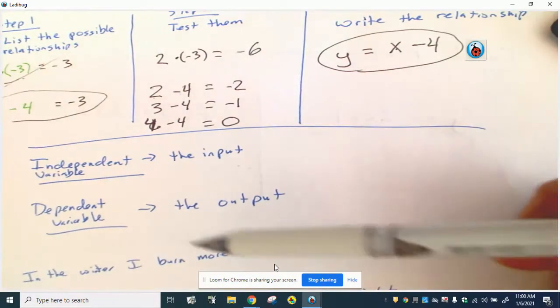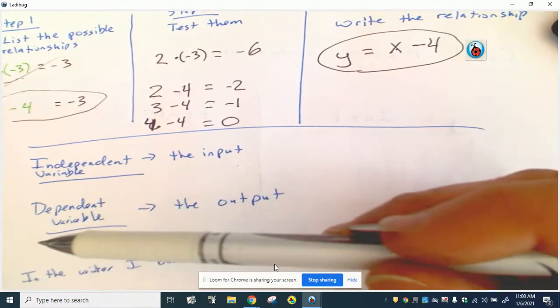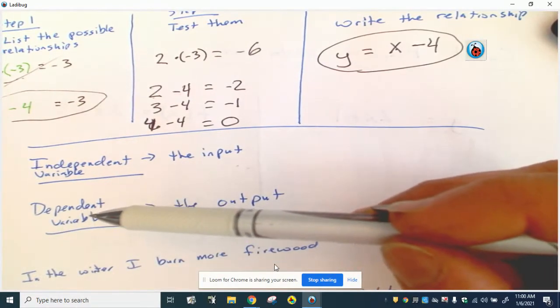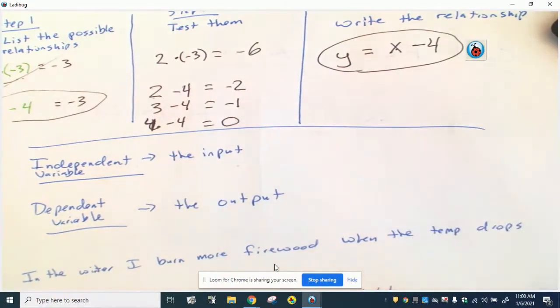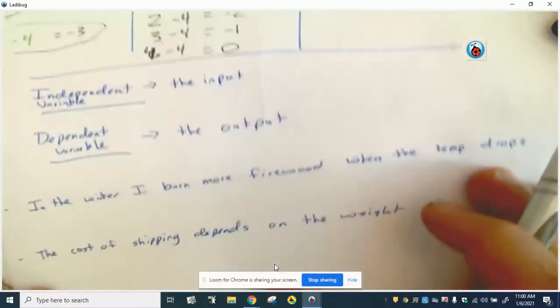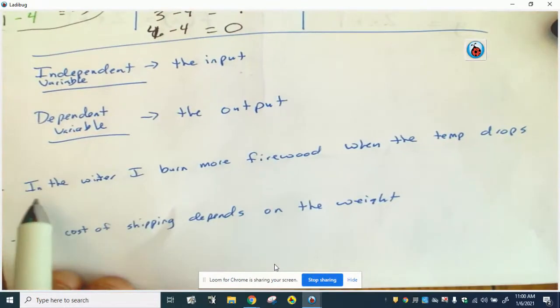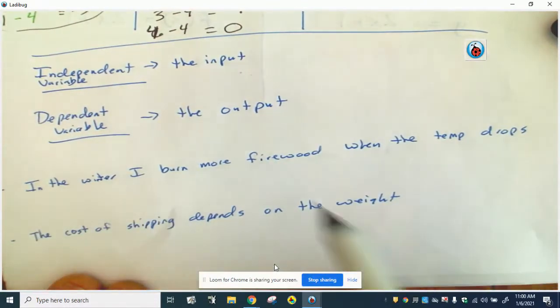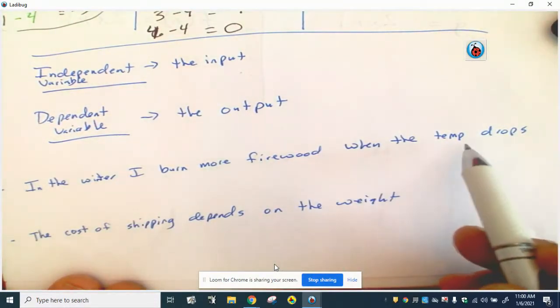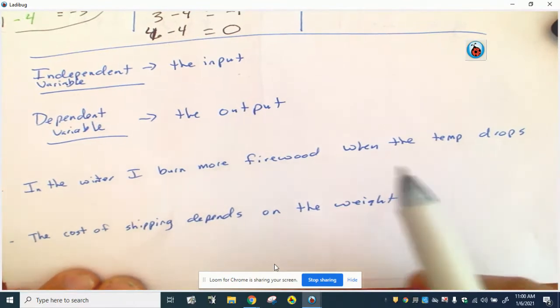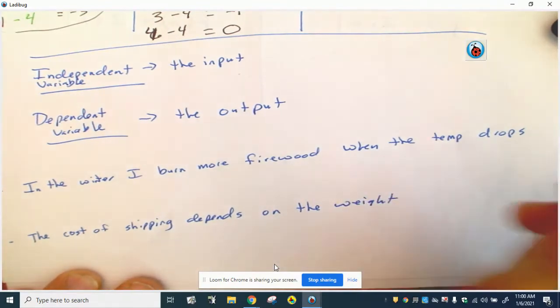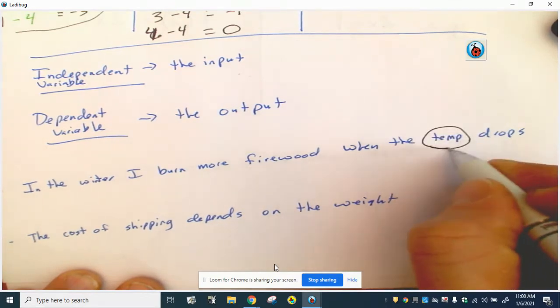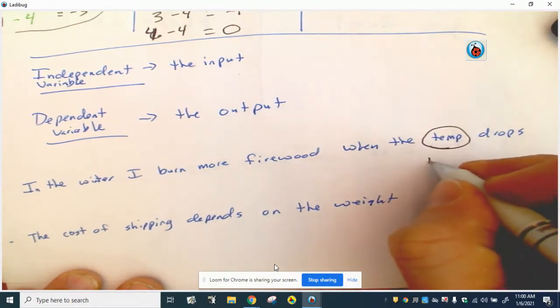Another way to think about this is, in any situation, the dependent variable is going to depend on the independent variable, okay? So a couple real-life examples here. In the winter, I burn more firewood when the temperature drops. Well, which one is going to be the independent variable and which one is going to be the dependent variable? The temperature, okay, well, that's independent, okay?